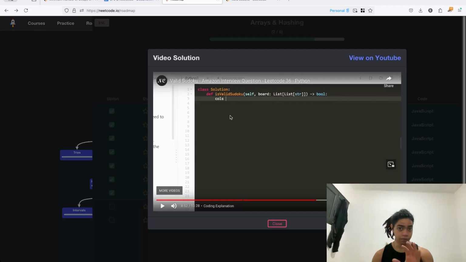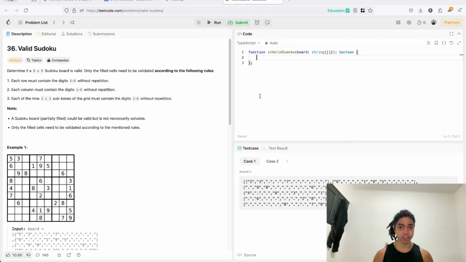So specifically, what we are doing right now is solving this Valid Sudoku and seeing how we can solve it. At the end of the day, we want to use three sets. The one is to store elements as we iterate through this collection, this matrix.